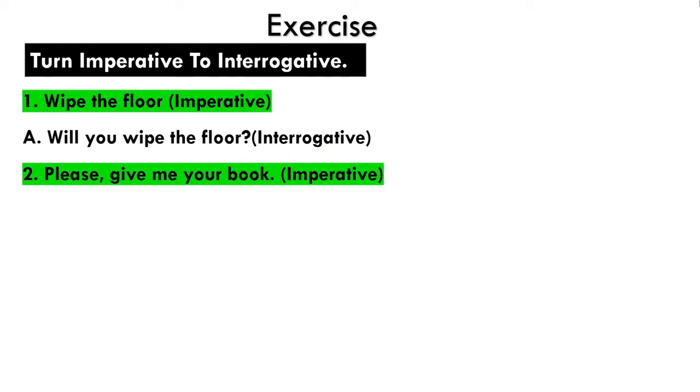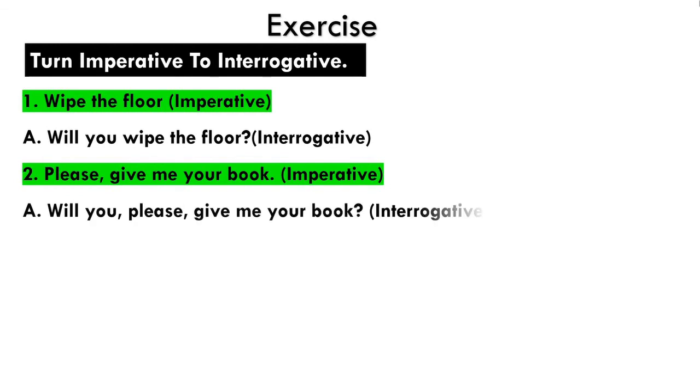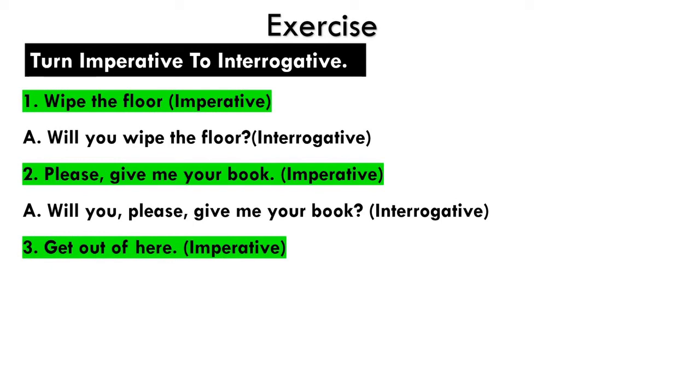Second is "Please give me your book." It is imperative. So we will say "Will you please give me your book?", or we can say "Will you give me your book?" But as "please" is used here, we have also kept it the same. Third is "Get out of here." It is actually a threat. Here we can see the anger.